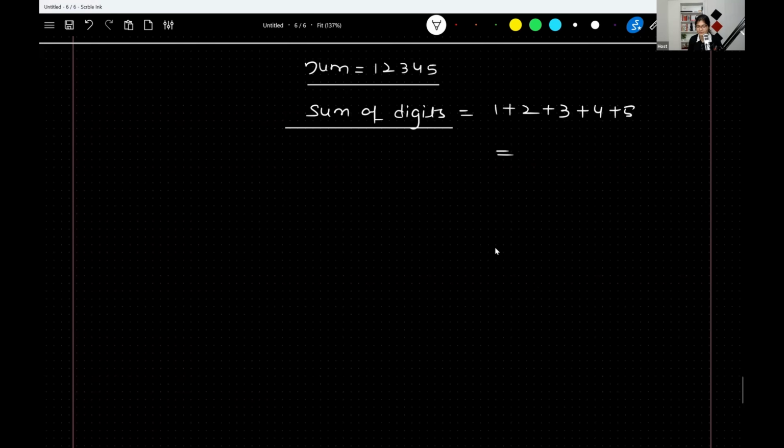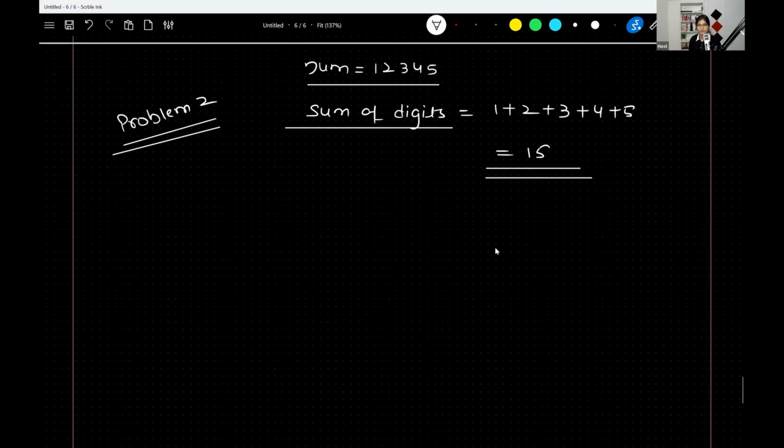Basically, it will be 3 plus 3, 6 plus 4, 10, 15. This is a variety of problem 2 in recursion.